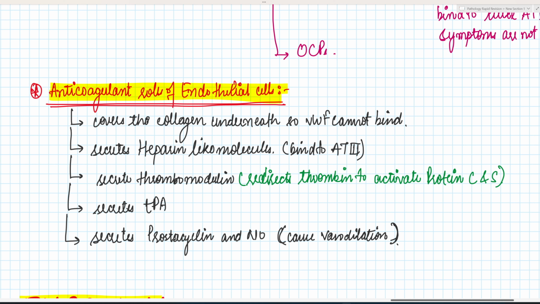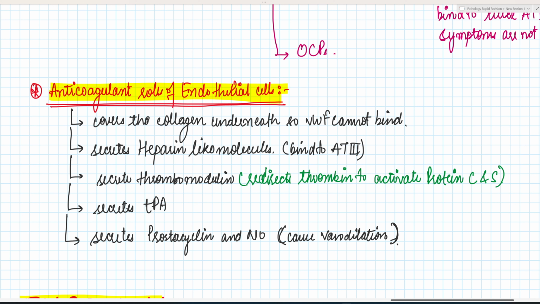Then endothelial cells secrete thrombomodulin. As the name suggests, thrombomodulin modifies thrombin, and the modified version is redirected to activate protein C and S, which are anticoagulatory proteins. So recall that we learned in vitamin K deficiency we had deficiency of protein C and S as well.